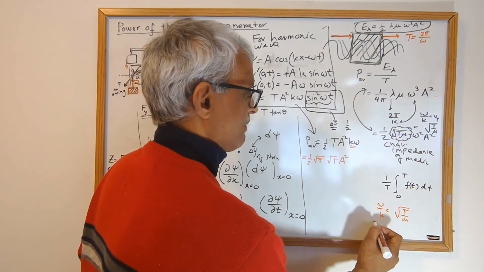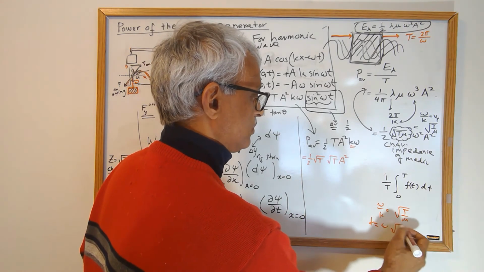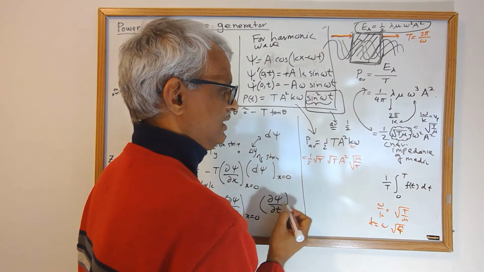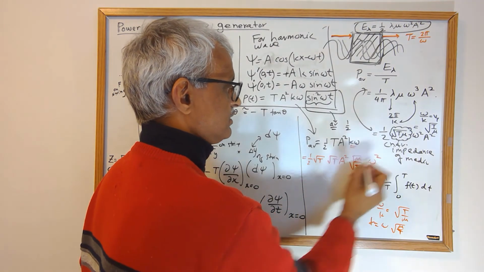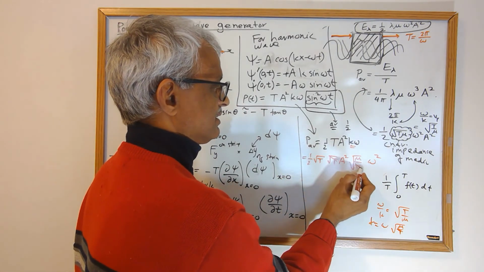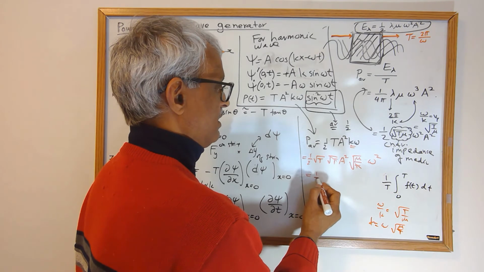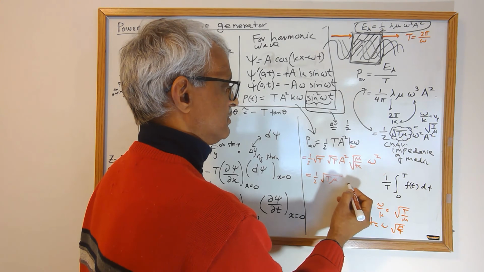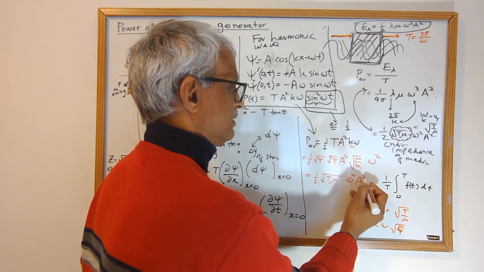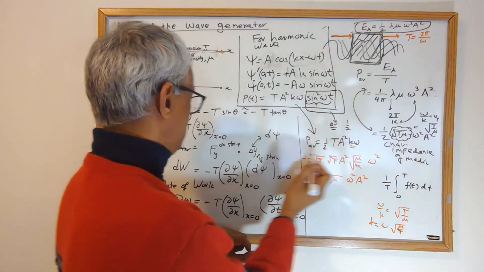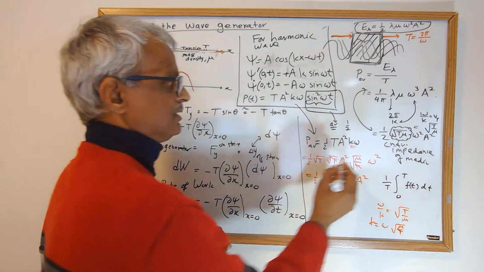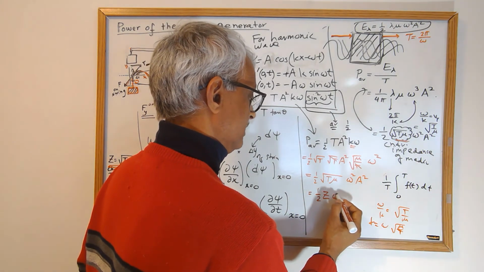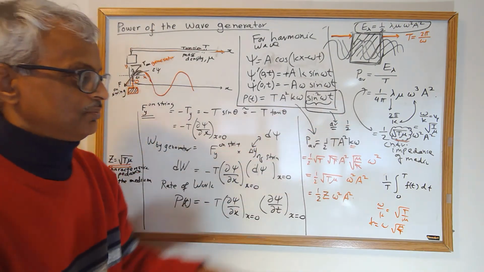So k is omega times square root of mu over T. So square root of mu over T times omega, and this omega makes a square. So this T cancels that one out. So I get half square root of T mu omega squared A squared, which is the same as the Z we defined over here, the characteristic impedance. This is exactly the same: half Z omega squared A squared. Pretty cool. There are so many different ways to write the same thing.